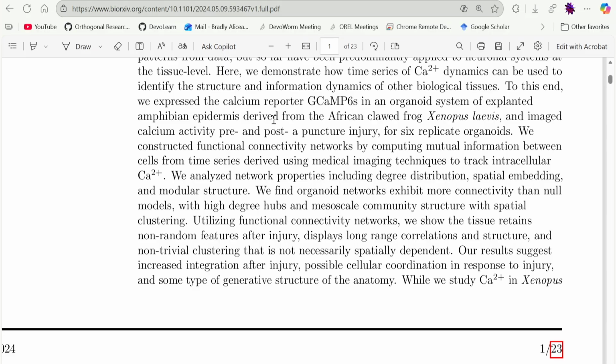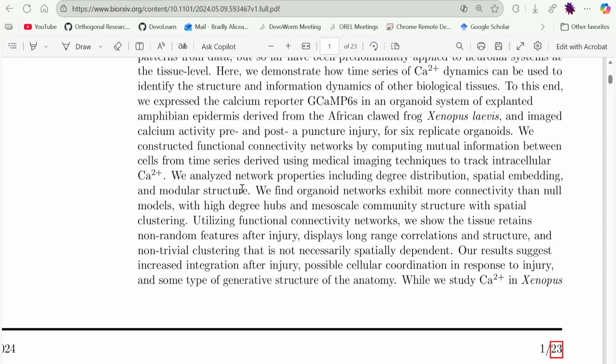We constructed functional connectivity networks by computing mutual information between cells from time series derived using medical imaging techniques to track intracellular calcium. We analyze network properties, including degree distribution, spatial embedding, and modular structure.